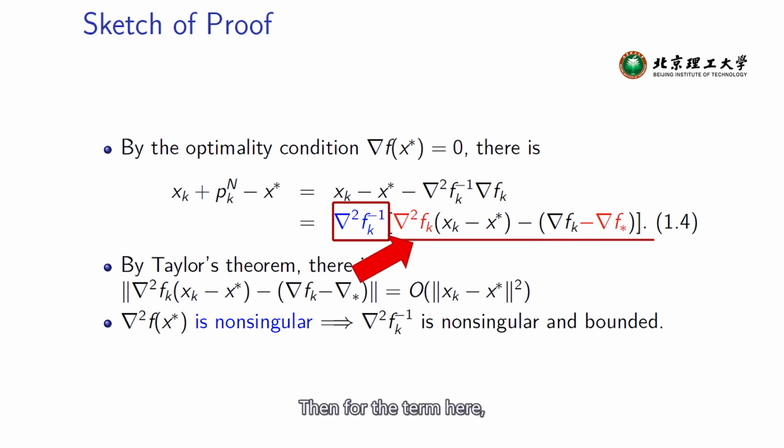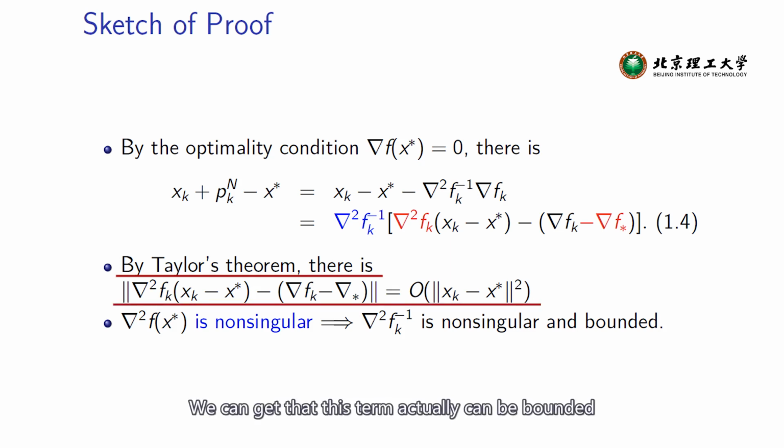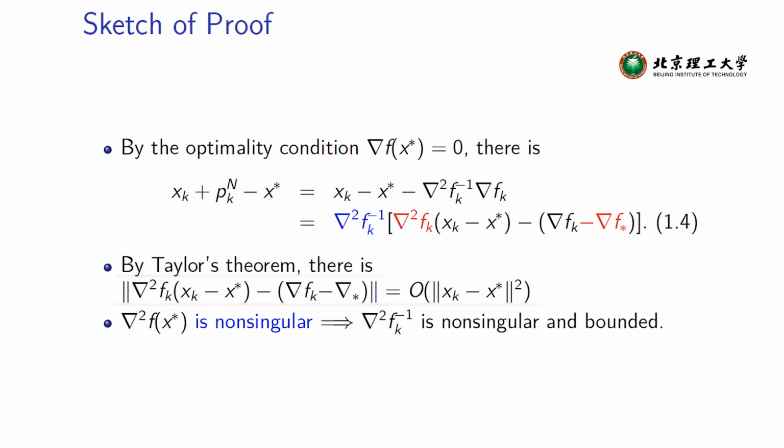Then for the term here, we can use Taylor's theorem, and we get that this term can be bounded by the same order of the distance to the accumulation point, the second order actually.